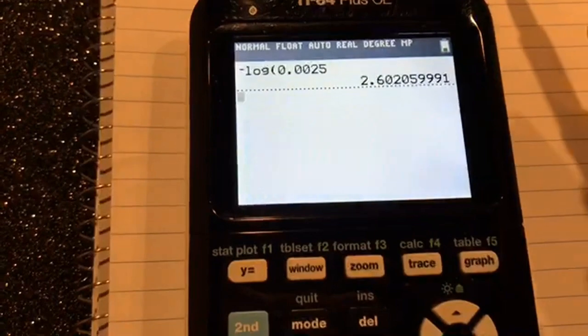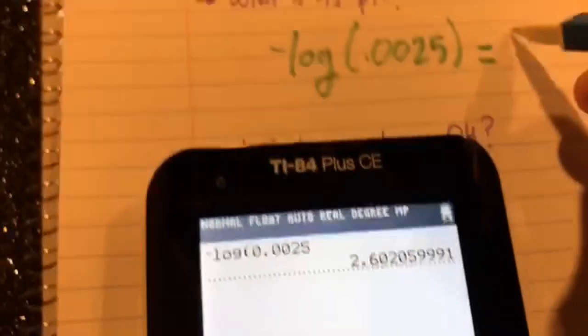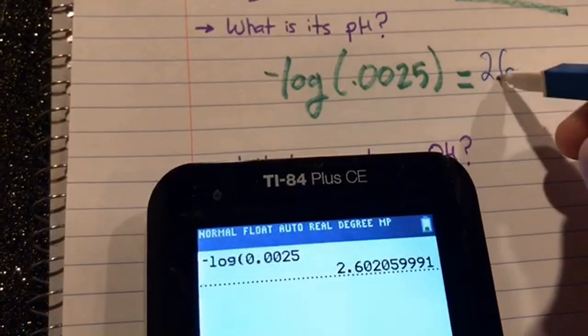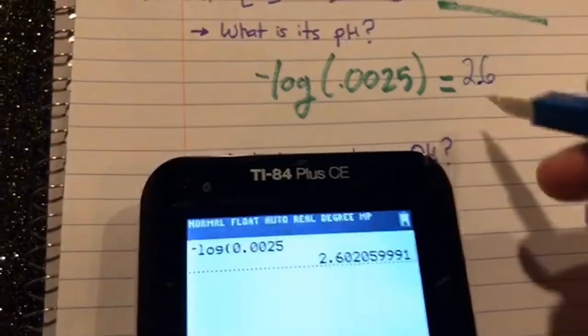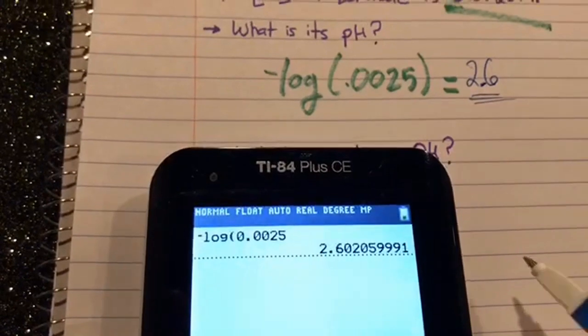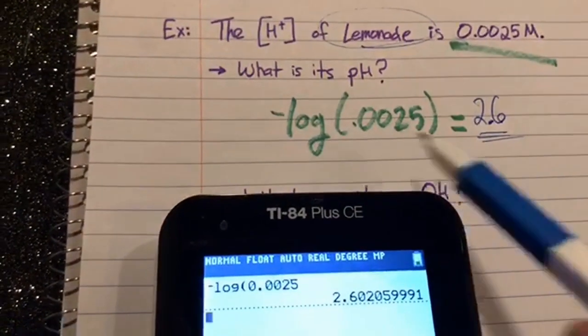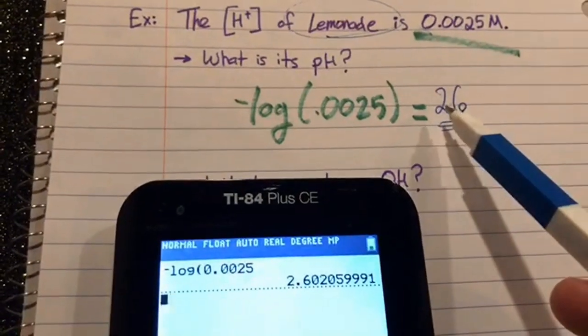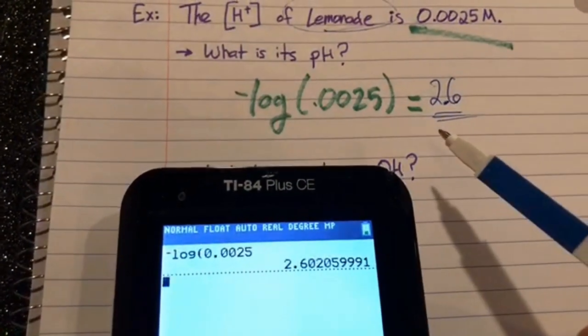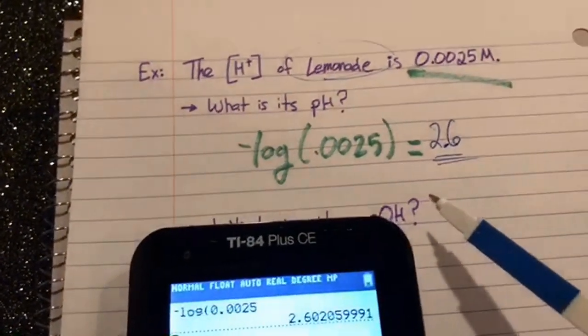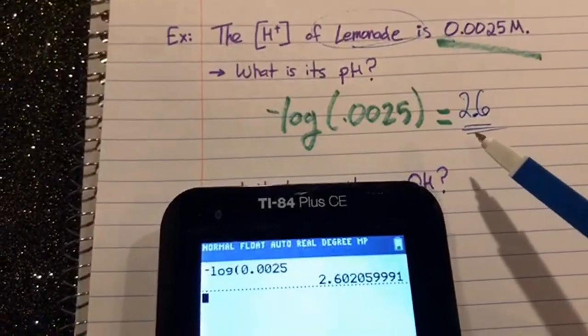I get a pH of 2.6. I don't care about sig figs. That's fine. So the pH does make sense because lemonade is an acid, so it should have an acidic pH, which it does. If you're getting a weird answer, like 0.03912, that doesn't make any sense because it's lemonade.